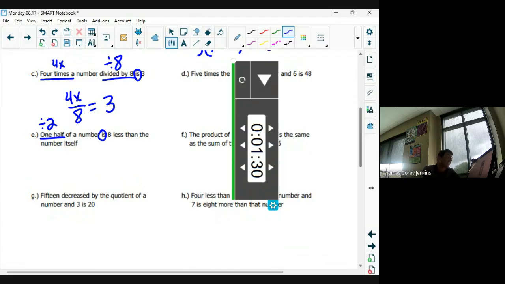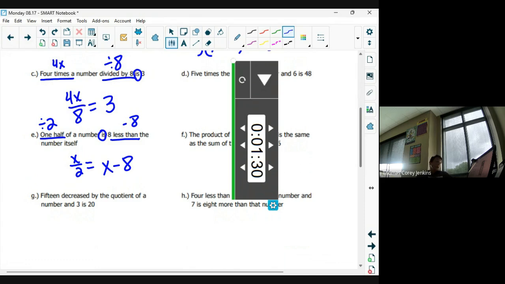So 8 less than a number, that's going to be minus 8. So we've got x over 2 is equal to x minus 8. Some of the phraseology, some of the wording can get you.